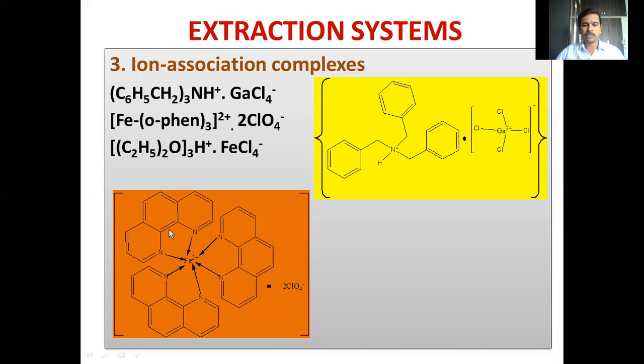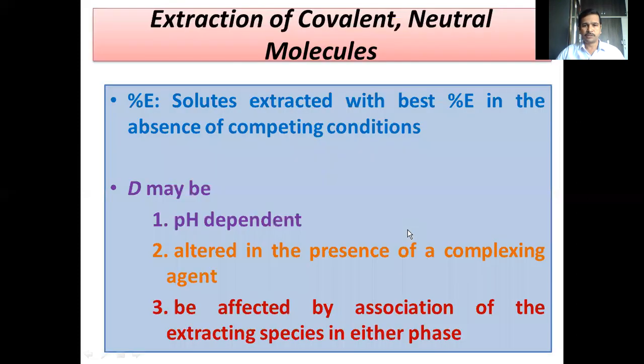The residual charge on the complex is +2, so +2 and 2 minus, and electrical neutrality of the charges is achieved. Therefore, this complex is known as an ion association complex. Once the species are converted into this state, their aqueous solubility is reduced and their solubility in the organic phase can be increased. Such species can be easily extracted into non-polar organic solvents.